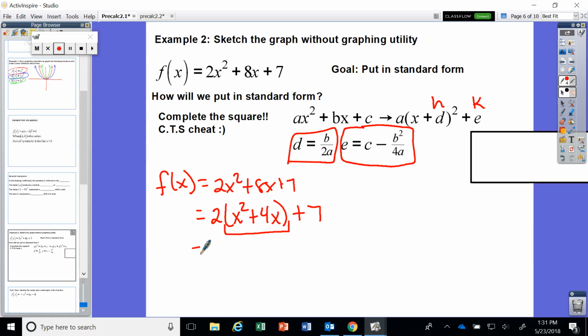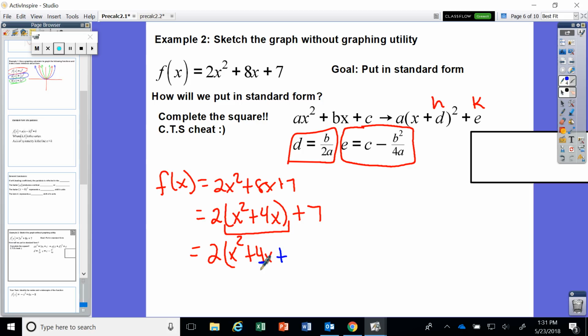So if you remember correctly, how do we go about doing this? Right now we have x squared plus 4x, and we want to add b over 2 squared, because b over 2 squared is going to allow us to complete the square. Let me change colors so we can see what we're adding. Here is my b.